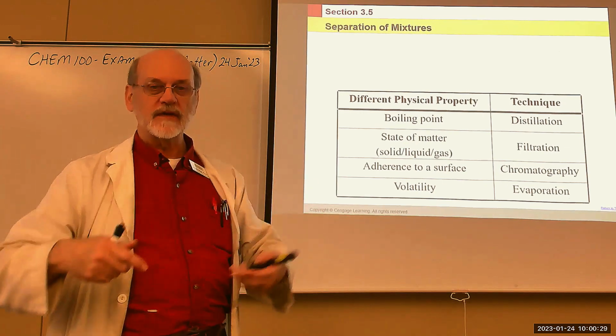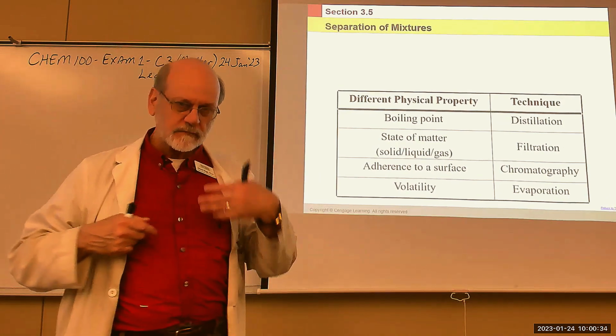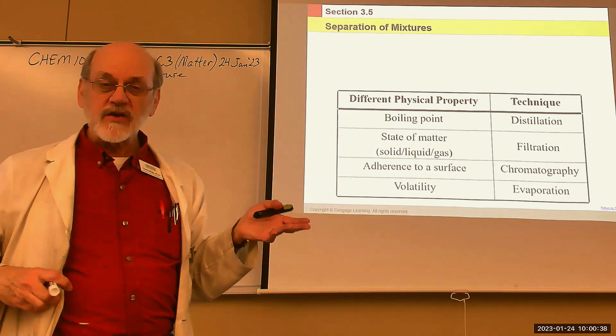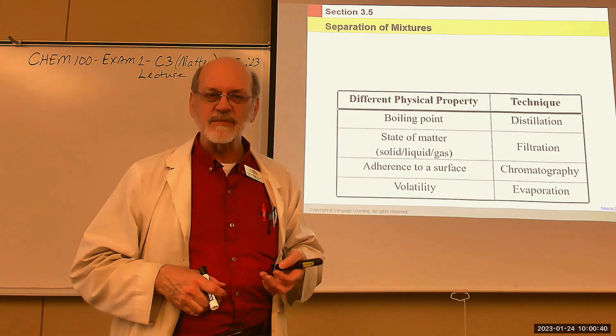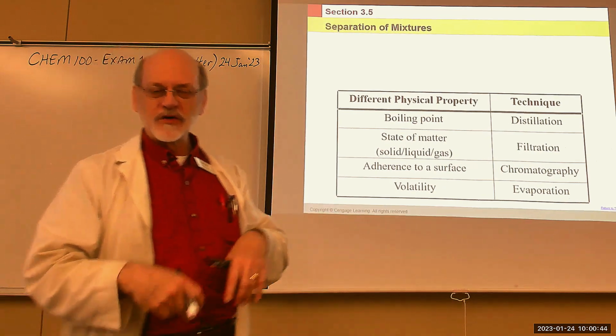The yeast work on the sugars, converting them to ethanol and some other things. So now you have a heterogeneous mixture in a homogeneous mixture, a solution with a mash in it.